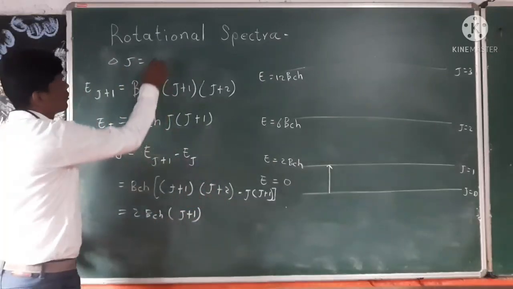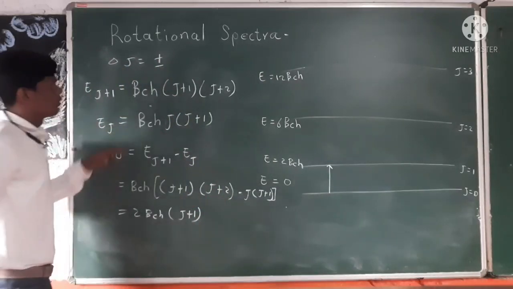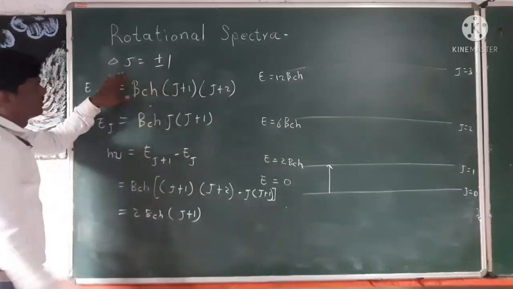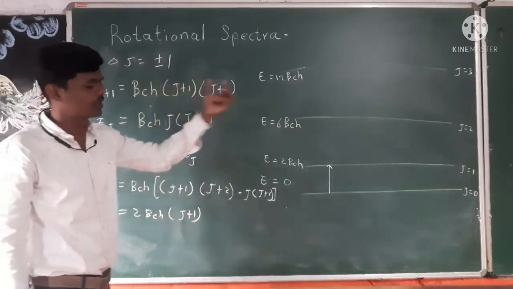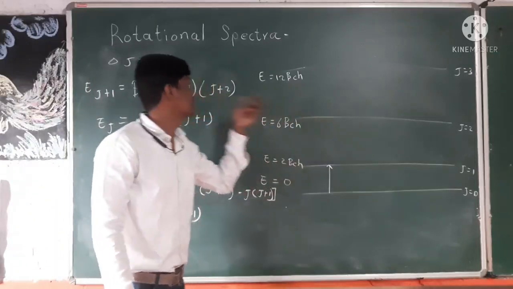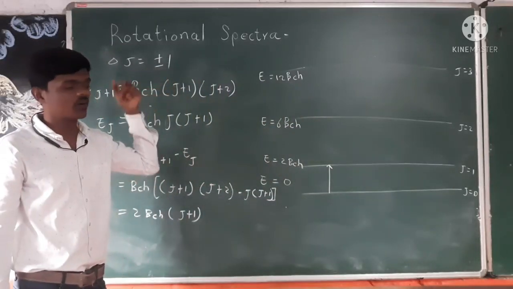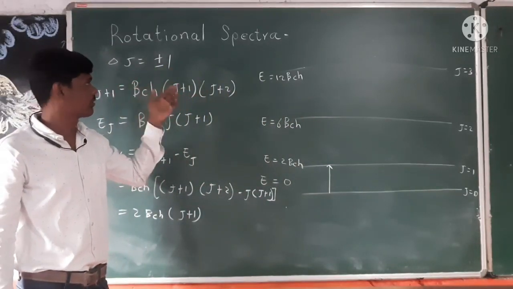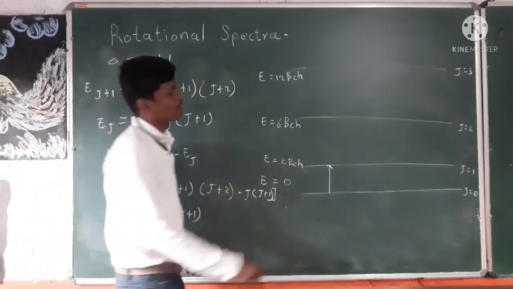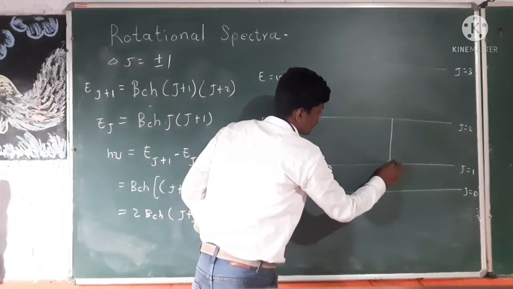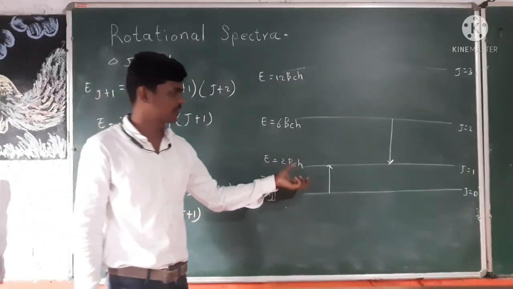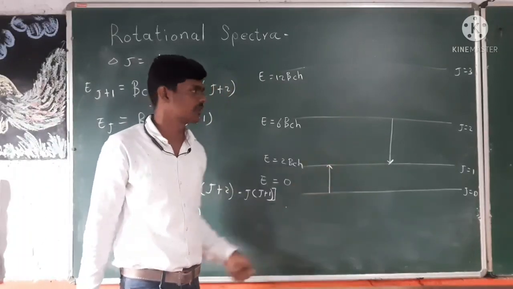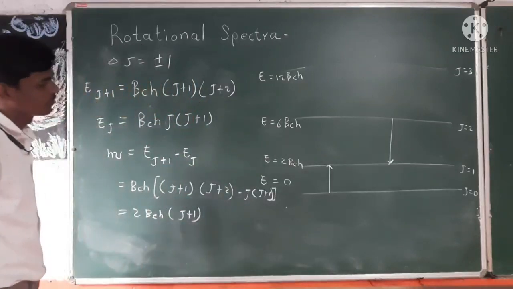First, there is a selection rule which states that only plus or minus 1 transitions are allowed. So the difference between two rotational quantum numbers must be plus or minus 1, plus for absorption and minus for emission. So plus 1 we can say is absorption spectra and minus 1 is emission spectra. So this is the selection rule.